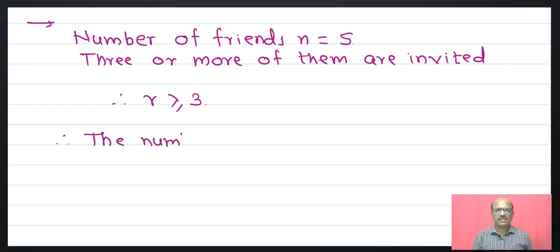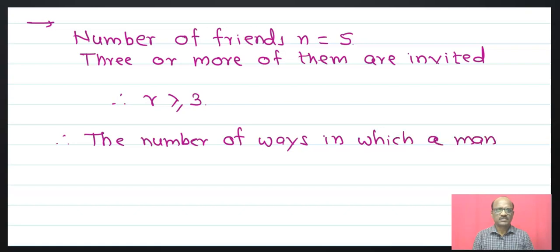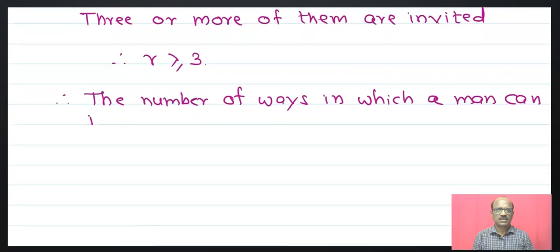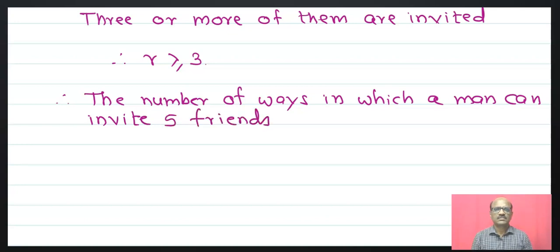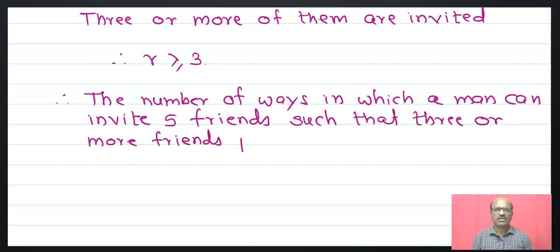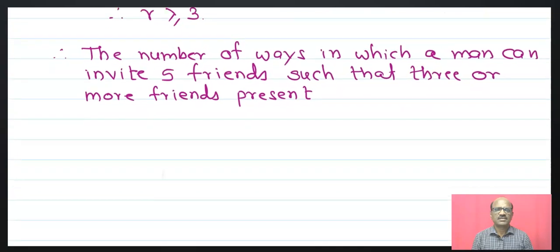Therefore the number of ways in which a man can invite 5 friends, such that three or more friends are present.